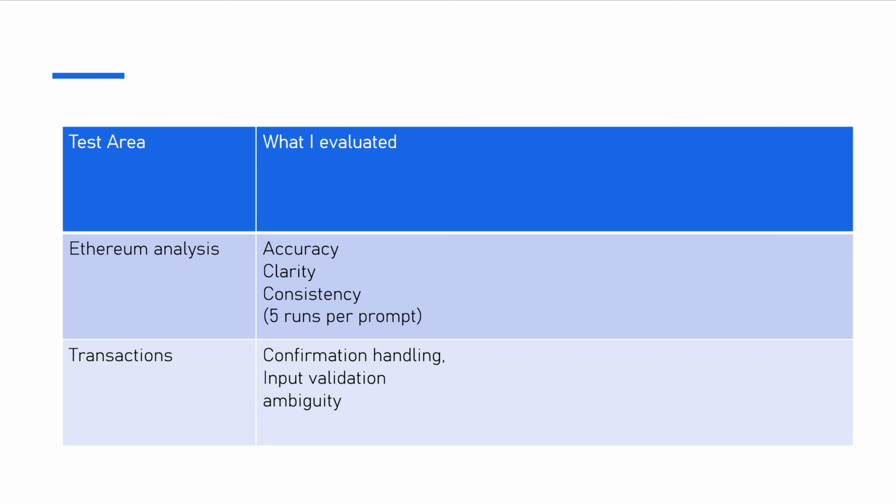I then evaluated those outputs using GPT-4 for clarity, accuracy, and consistency. In the second area, I tested transaction scenarios, including cases with missing details, vague numbers, or multiple requests in a session. I checked whether the system correctly asked for clarification and confirmed the user's intent before proceeding.